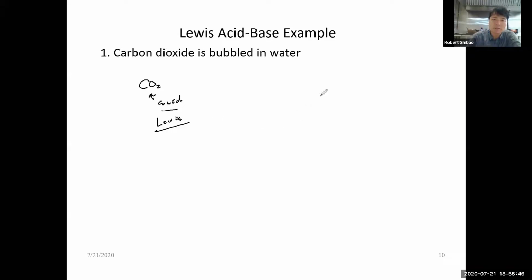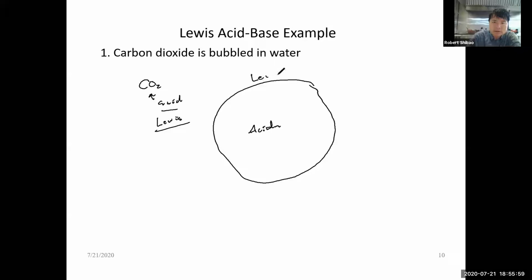Lewis acid is the all-encompassing definition of what an acid is. If we look at the universe of acids, then Lewis has them all covered. The Lewis definition covers the entire universe of acids. The Arrhenius acids are just a little corner here. If we're looking at Arrhenius acids, we're just looking at a little corner of the universe.